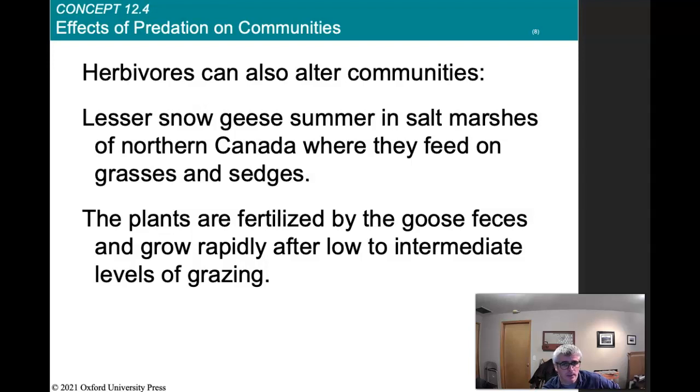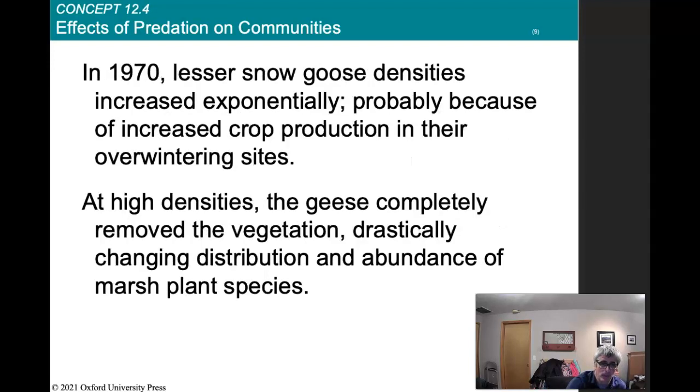Herbivores can alter communities. This is about the lesser snow geese that summer in salt marshes of northern Canada, where they feed on grasses and sedges. The plants are fertilized by goose feces, and they have rapid growth after low to intermediate levels of grazing. In the 70s, goose density increased, mostly due to crop production at their overwintering sites, so corn, soybean, things like that they can eat during the winter.